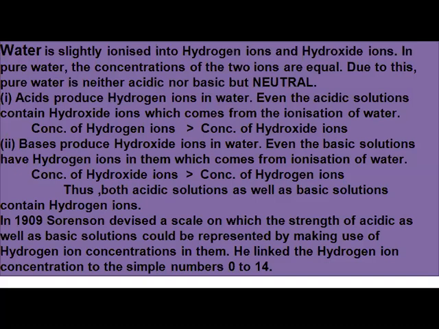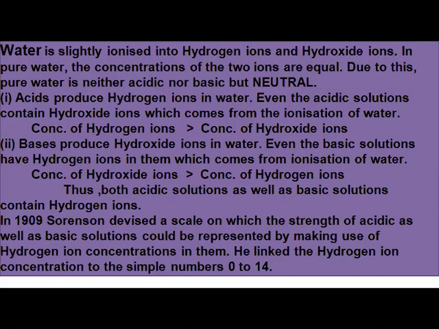Thus, both acidic solutions as well as basic solutions contain hydrogen ions, and in the year 1909, Sorensen devised a scale on the basis of this, with which the strength of acidic as well as basic solutions could be represented by making use of the hydrogen ion concentration in them.